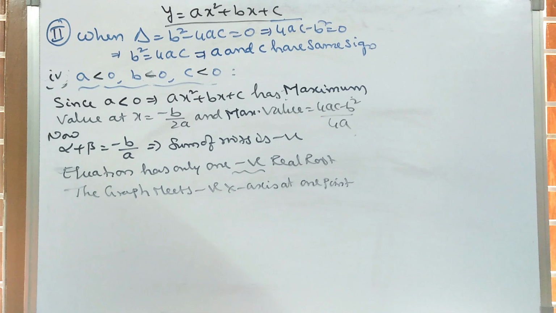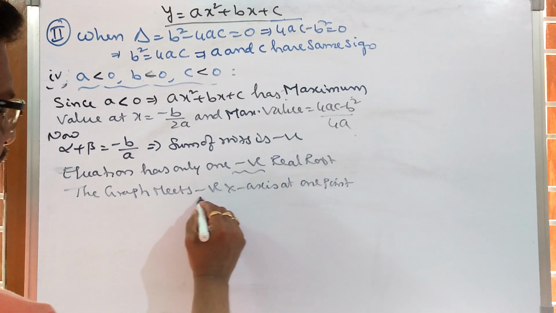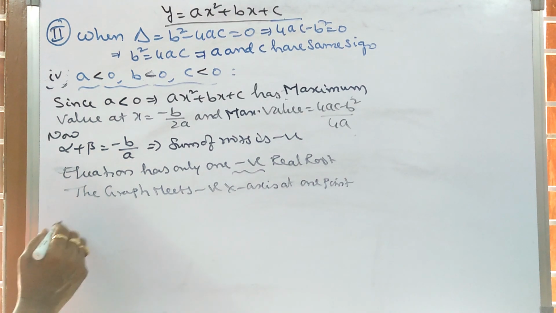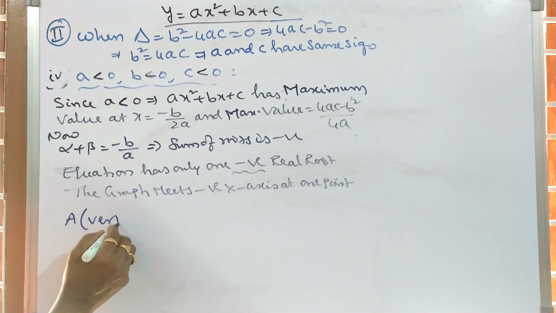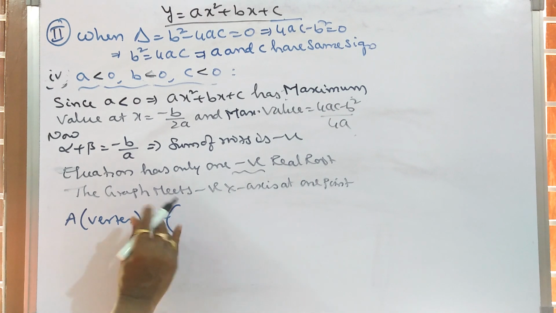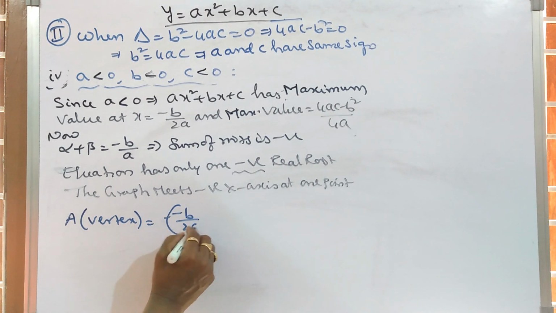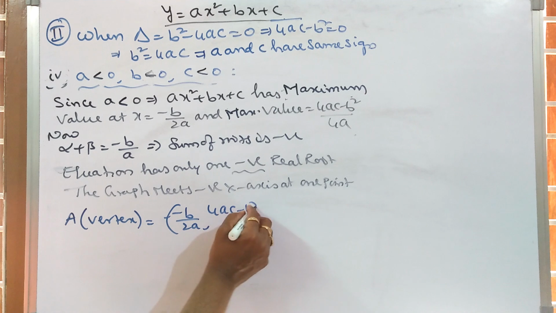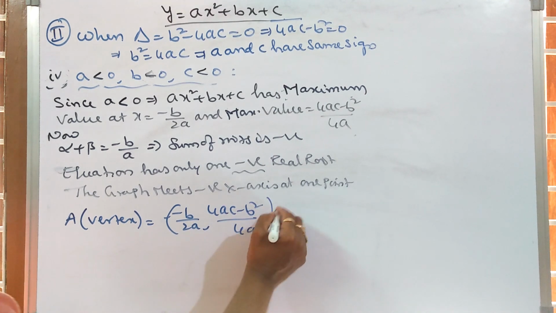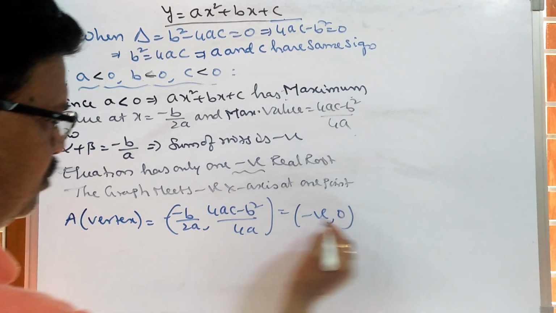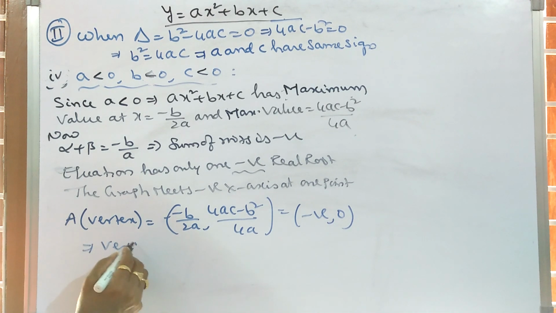The graph meets the negative x-axis at only one point, and the vertex is equal to, as already told you with so many graphs we have drawn, (minus b by 2a, (4ac minus b square) by 4a), and this is (negative, 0). That means the vertex lies on the negative x-axis.